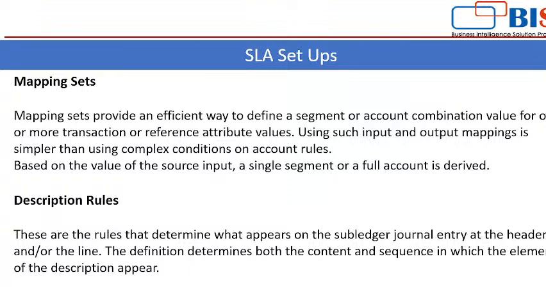In the mapping set, we map our organization, like our expenditure organization. So when we are using our organization as finance organization, which account should be picked from the general ledger accounts, we will map there.